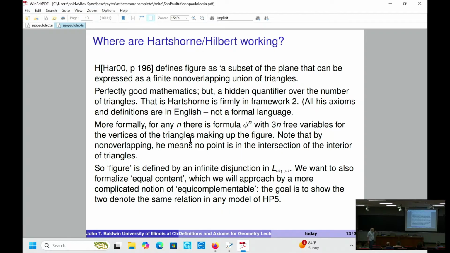There's a hidden quantifier over the number of triangles, right? A figure, it's a subset, can be written as, but how many? And the essential problem is, if you want this to be an equivalence relation, the how many is unbounded. Because you take two things and you want to say, now I can find something that matches, that goes clear across to the third.